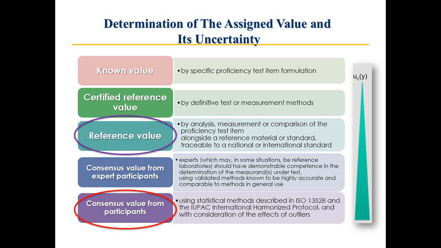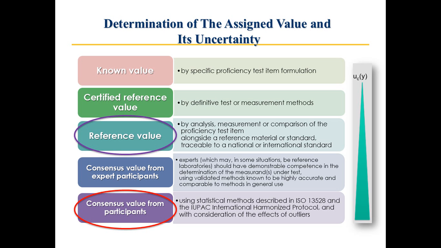ISO 17043 shows the value assignment method. The most common procedures are listed below in an order that will result in increasing uncertainty for the assigned value, such as reference value, certified reference value, consensus value from expert participants, consensus value from participants.